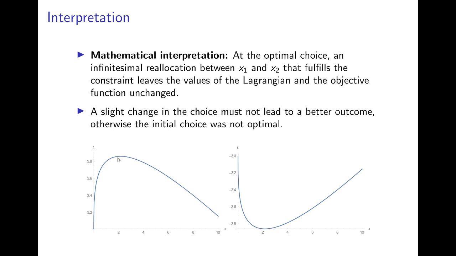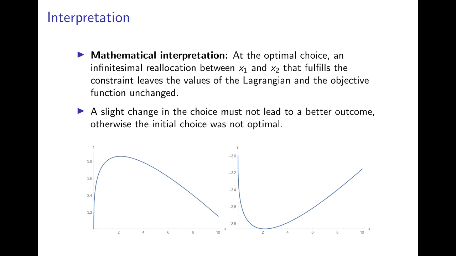And we see that this has a maximum in this case here at this point, basically, where the function has the highest value. And exactly at this point, of course, the derivative of the Lagrangian function with respect to x is 0, because exactly at this point, the function is flat.